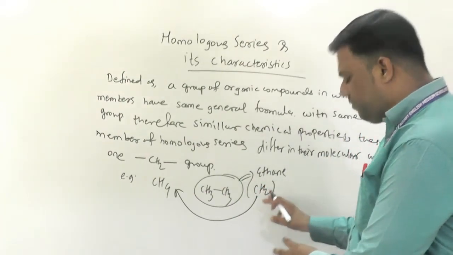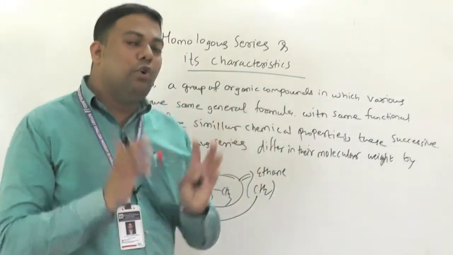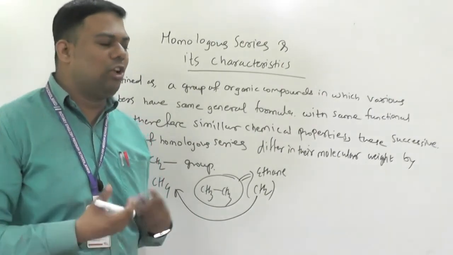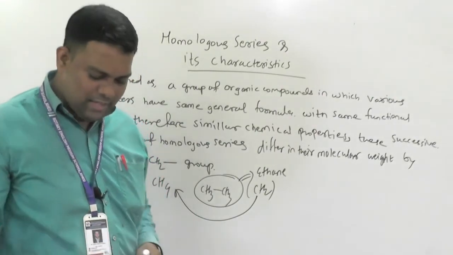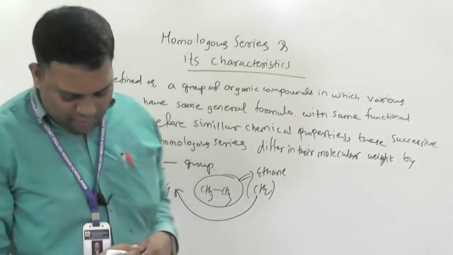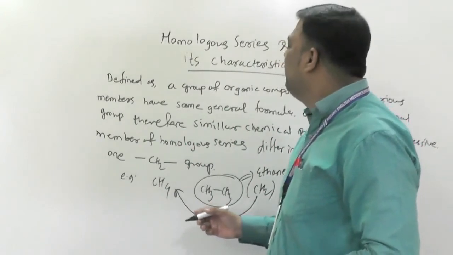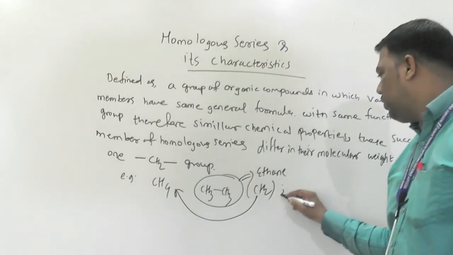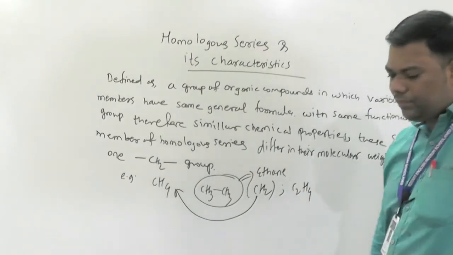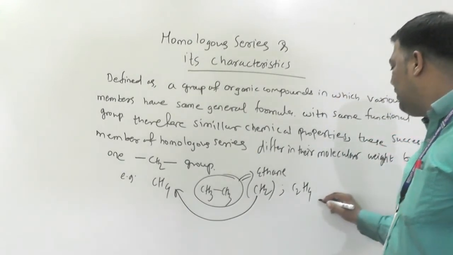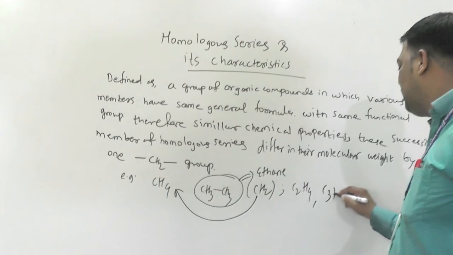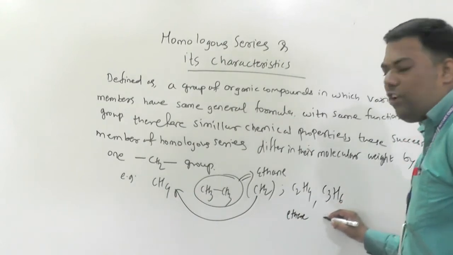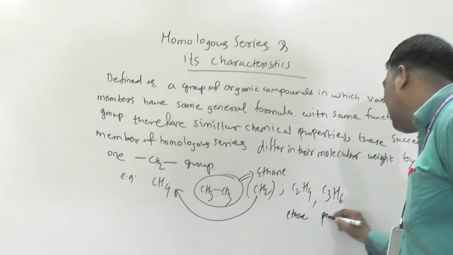In a homologous series, it will differ by atomic mass. How much does it differ? 14. If molecular weight is taken, it will differ by 14 unified mass. For example, suppose I write the alkene part. As you know, C2H4 is ethene, and C3H6 is propene.